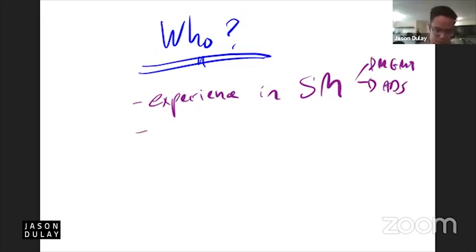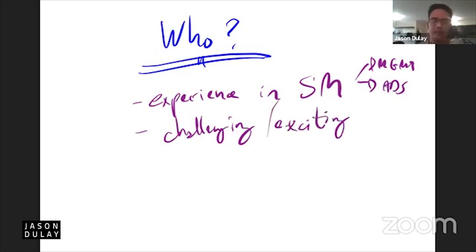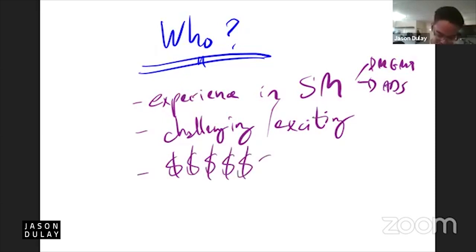Also, if you're looking for something that's challenging, social media strategy is very challenging. It's very, let me use this word, exciting, because you're dealing with technology that keeps changing. You're dealing with people, you're dealing with behavior. So it's very challenging. It's very exciting. And I guess one of the big reasons is because of the money.